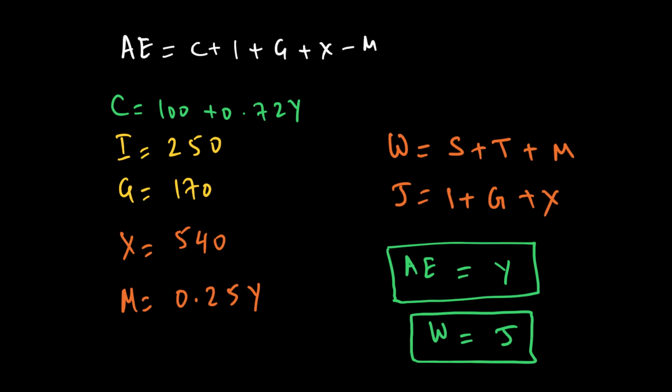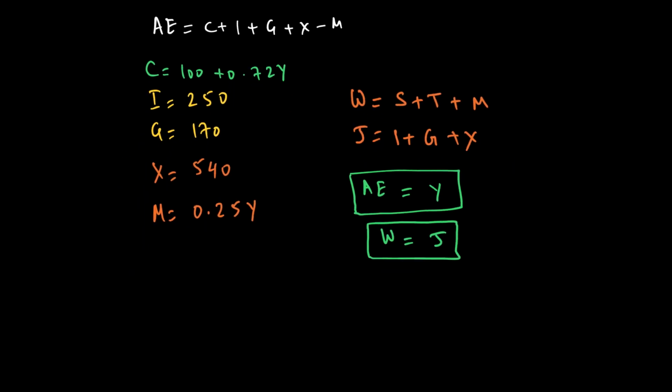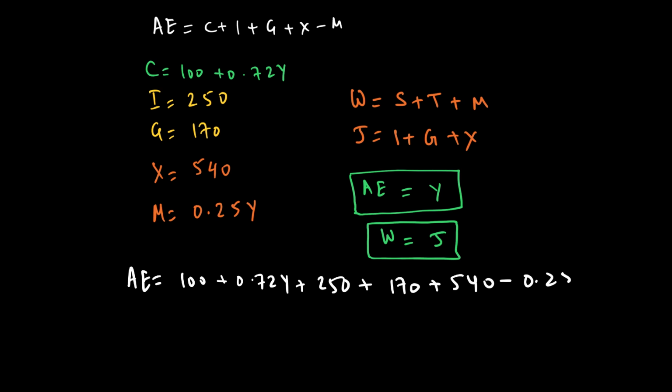So let's use this to find out our equilibrium income, and also then use this to find out our multiplier. When we put the values of AE, AE becomes equal to C plus I plus G plus X minus M, which means 100 plus 0.72Y plus 250 plus 170 plus 540 minus 0.25Y.